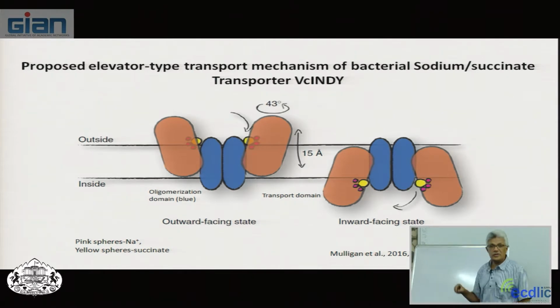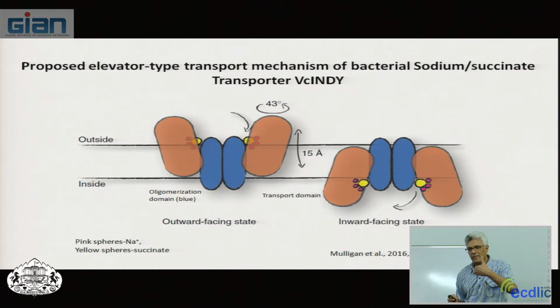Okay, so now this is something different. I told you earlier, the secondary transporters have alternate access, but interestingly there is a family of transporters in bacteria which transport, say, succinate or other TCA cycle intermediates or amino acids.